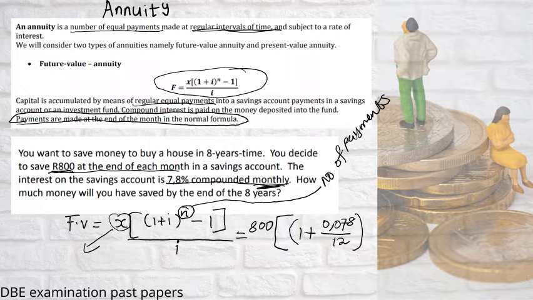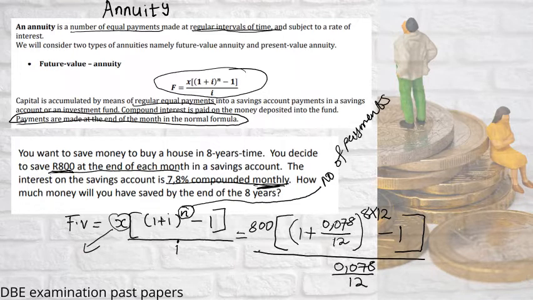Remember, the person is paying 800 at the end of each month for 8 years. So in 8 years, how many months do we have? It's just going to be 8 times 12, right? Then minus 1, all divided by the interest, which is 0.078. Don't forget it's compounded monthly, so we have to divide it by 12, right?